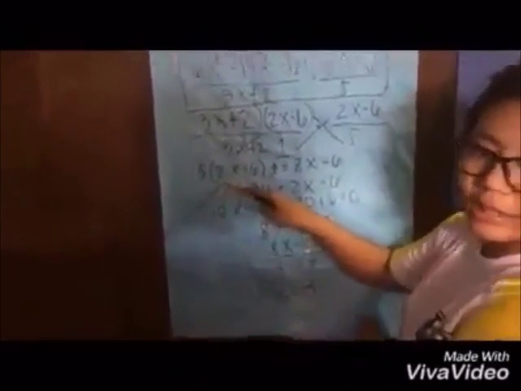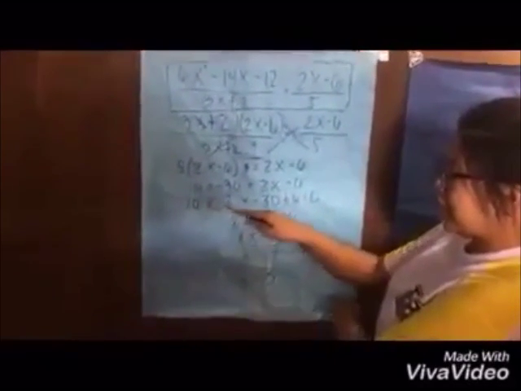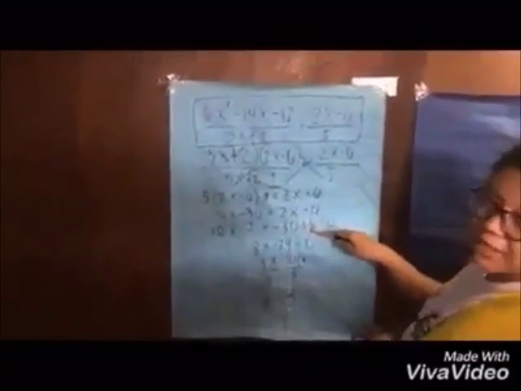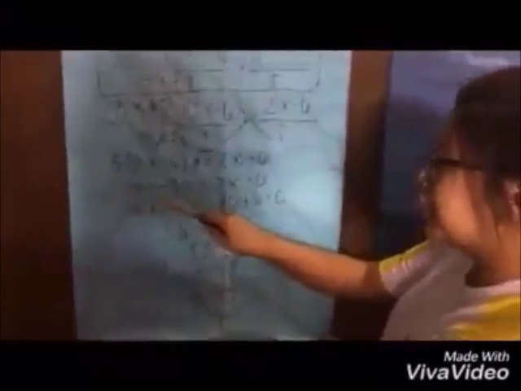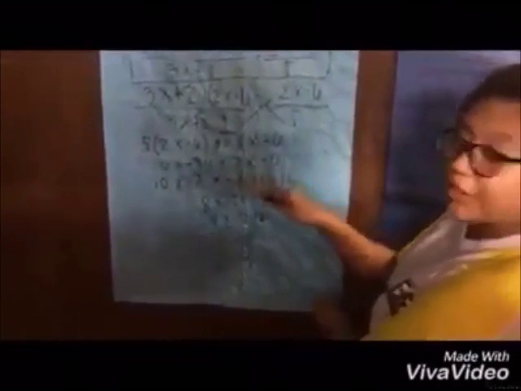Tapos, itatranspose natin siya. Kaya magiging 10x minus 2x minus 30 plus 6. 10x minus 2x is equal to 8x. 30 minus negative 30, hindi pwede.